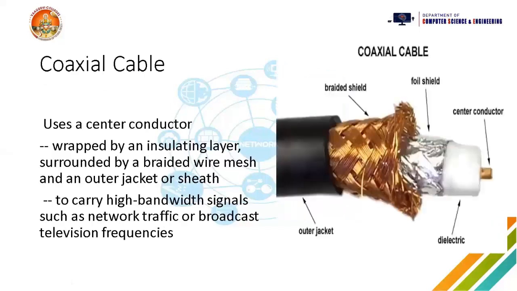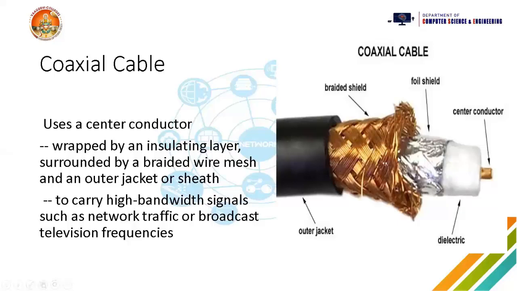First comes the coaxial cable. The coaxial cable has a center conductor, over which we have a cover that provides protection, a silver foil, also known as foil shield, above which we have this golden braided shield, and then the outer jacket, the outer covering.